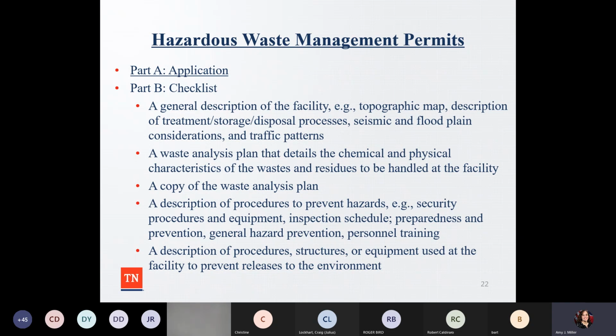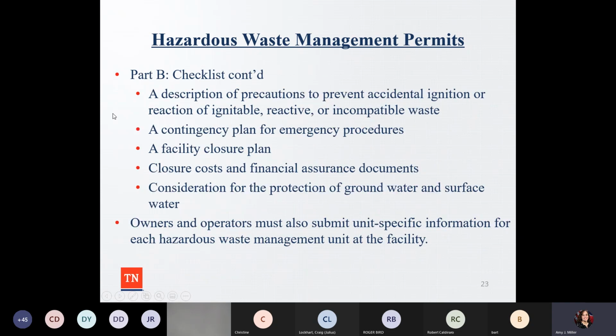So again, it kind of goes back to when we talk about flood proofing, that you have to have an operations plan and a maintenance plan, that there should be somebody designated for these activities, and that there should be yearly routine training, and then a description of the procedures, the structures, and the equipment used to prevent releases to the environment.